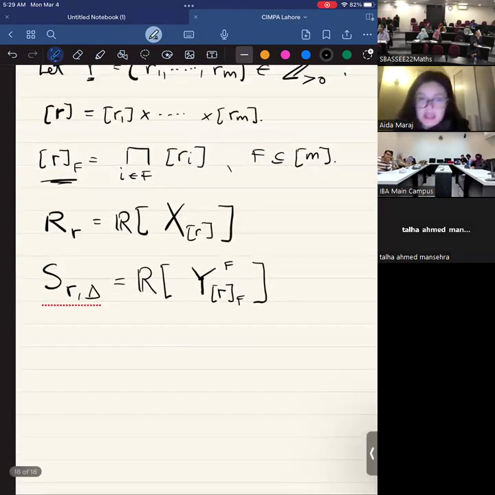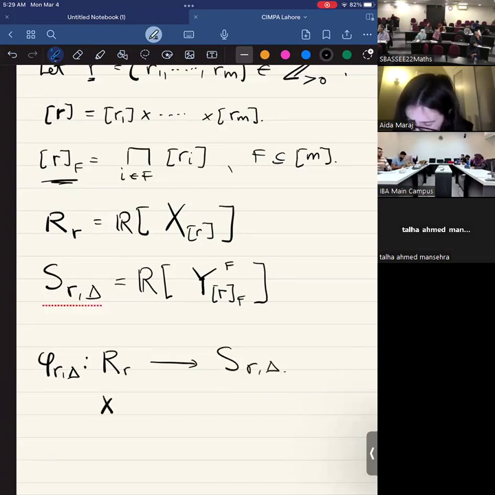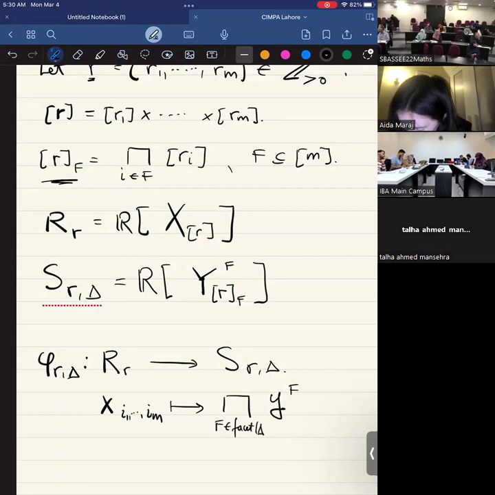And with this information, we denote phi(R, delta) as the map from R to S(R, delta) such that x_{i1 through im} gets mapped to the product of y_{F, i_F} for F in the facets of delta.